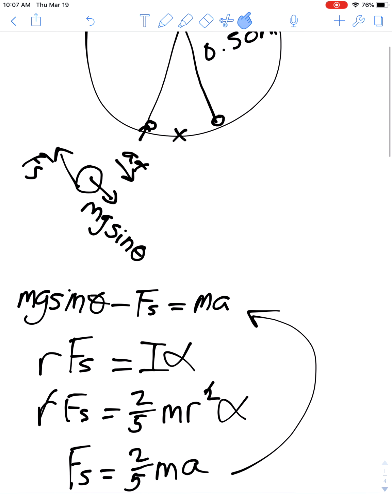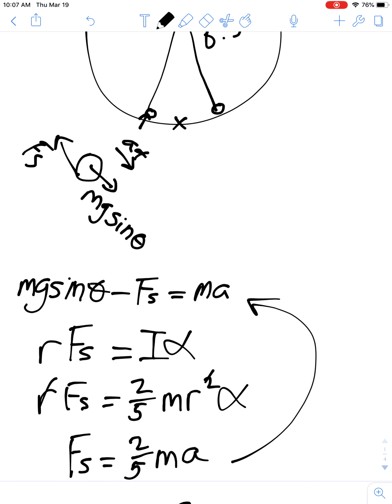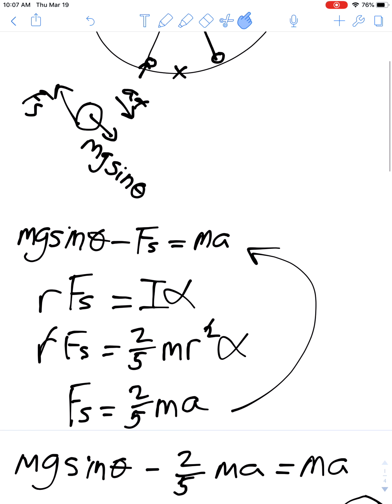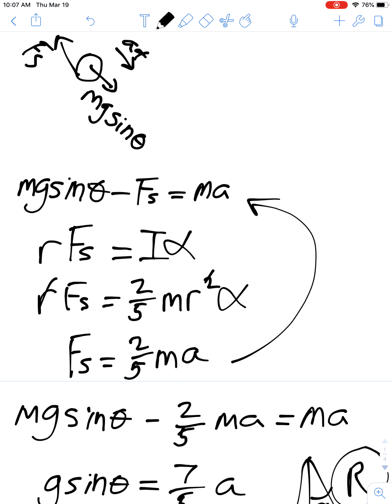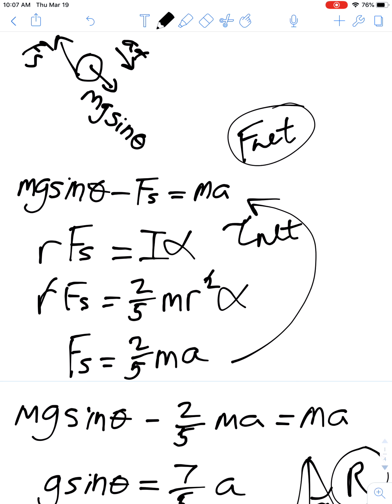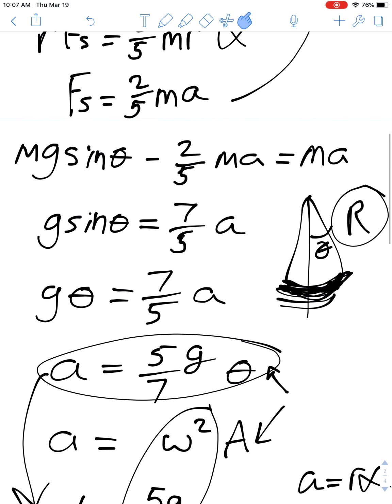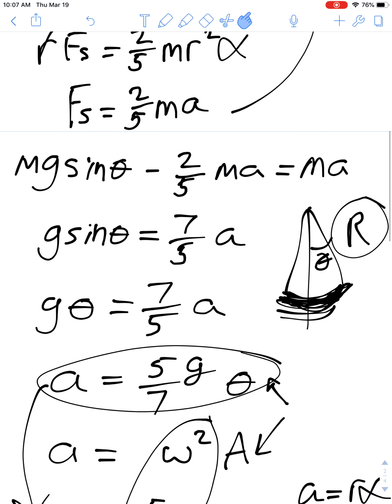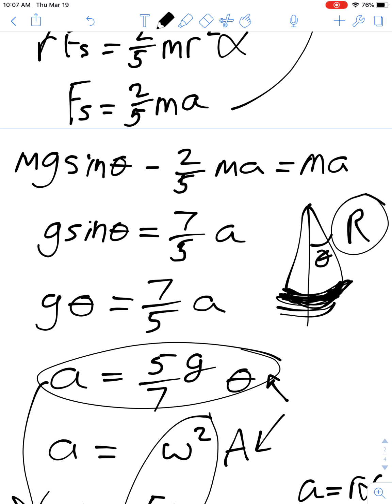So with that in mind, our general approach was Newton's laws. We wrote equations for our net force, F net, right? And we wrote an equation for a net torque. Critically, those were two big steps. Then we got an expression for our acceleration at this part right here.